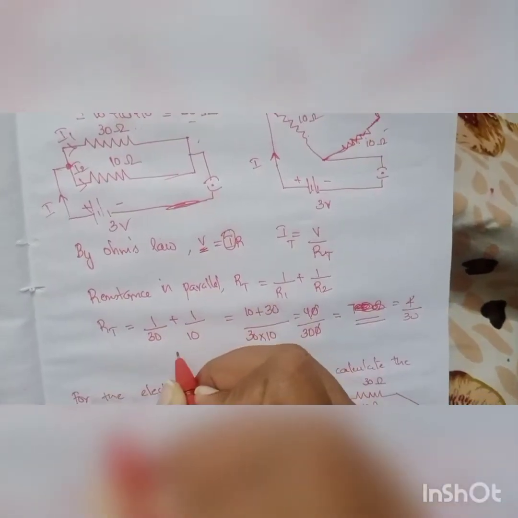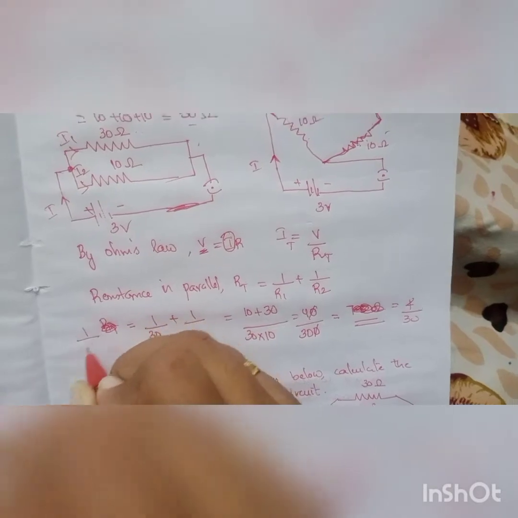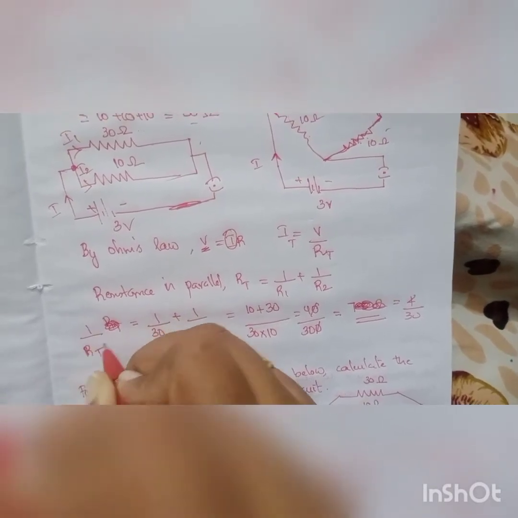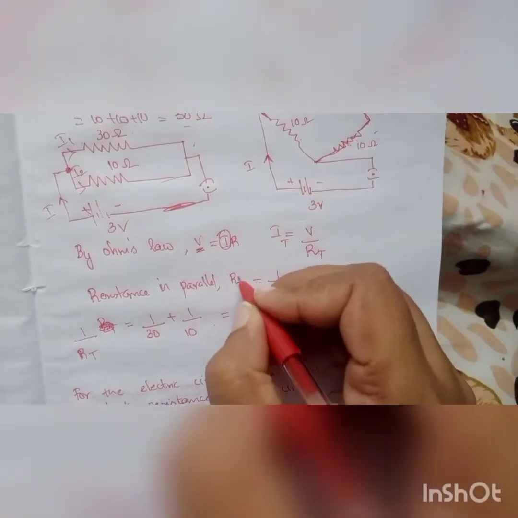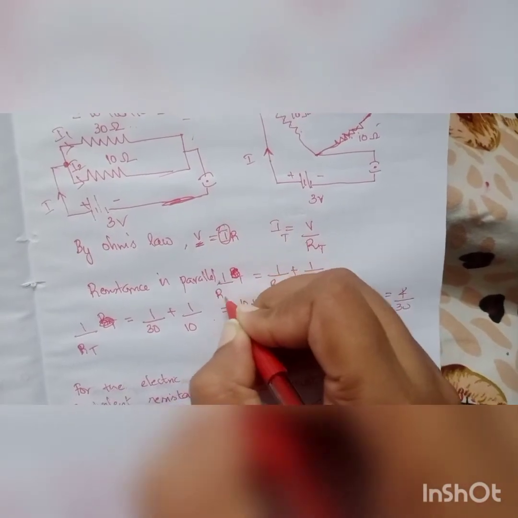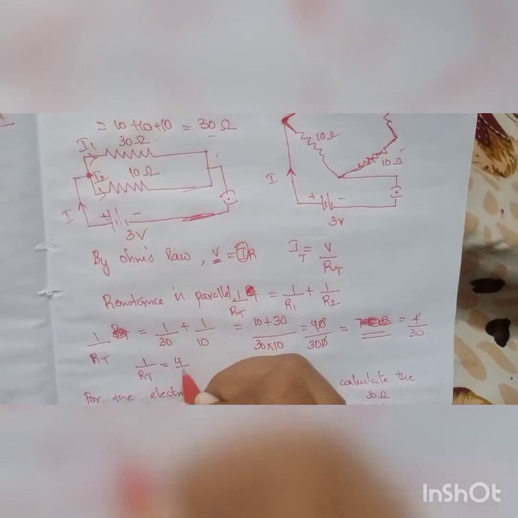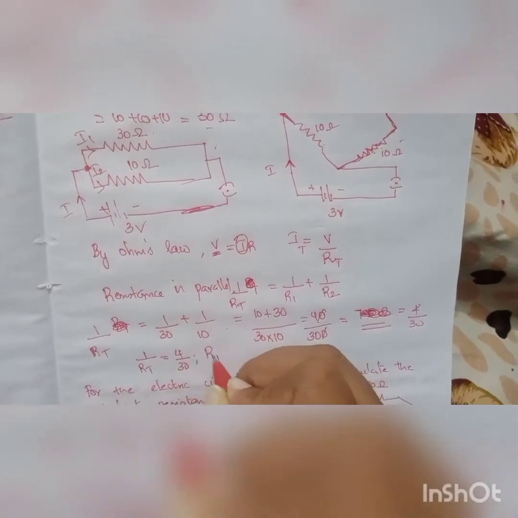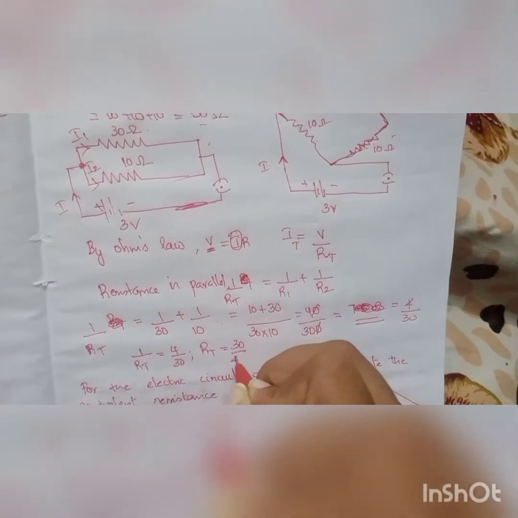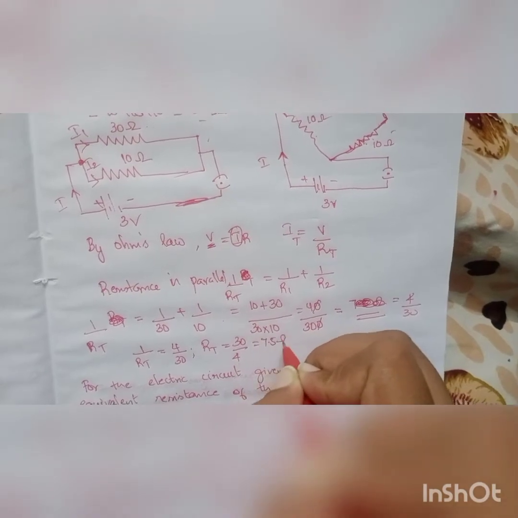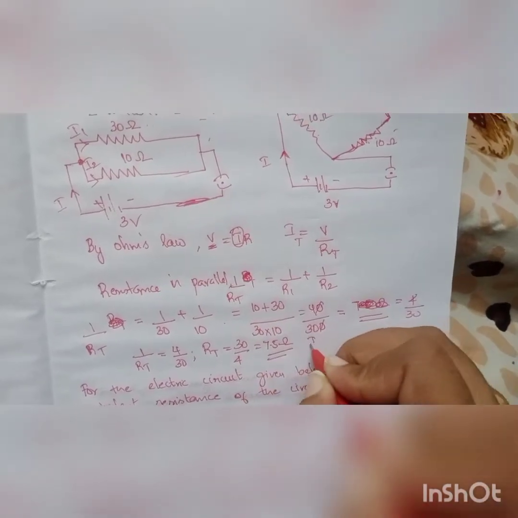So 1 by RT is 4 by 30, and RT is equal to 30 by 4, which is 7.5 ohms.